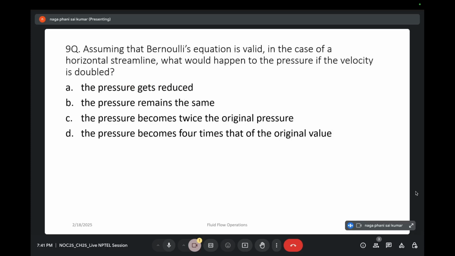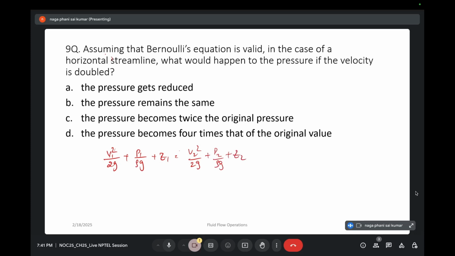Assuming that Bernoulli's equation is valid in the case of a horizontal streamline, what would happen to the pressure if the velocity is doubled? So just write down the equation. Bernoulli's equation is V1 square by 2g plus P1 by rho g plus Z1 is equal to V2 square by 2g plus P2 by rho g plus Z2.